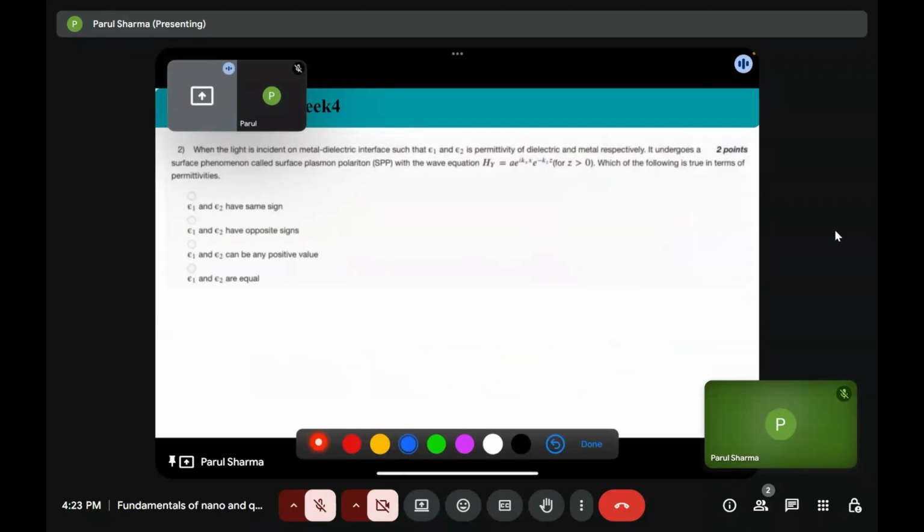The second question: when light is incident on a metal-dielectric interface, such that epsilon 1 and epsilon 2 are the permittivities of the dielectric and metal respectively, it undergoes SPP. Which of the following is true?